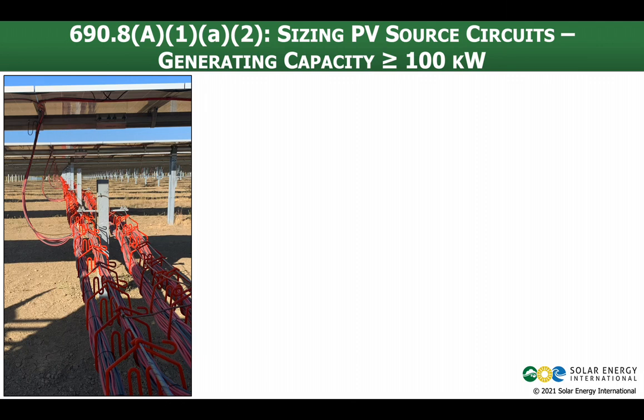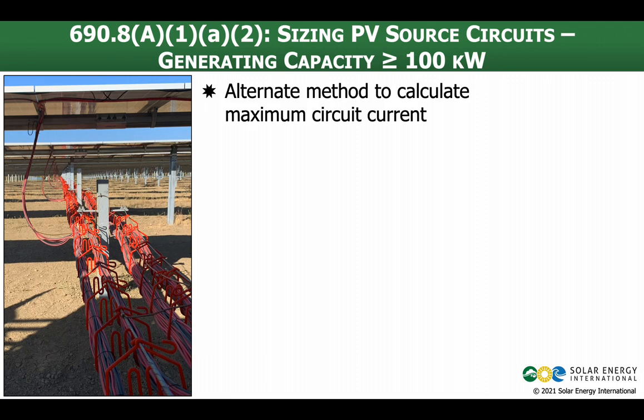If you're greater than or equal to 100 kilowatts, then we have an allowance to use an alternate method to calculate maximum circuit current. We know that's the basis for the OCPD size and the wire size. So if we can fine tune our calculations on maximum circuit current, it may allow us to use smaller breakers, smaller wires, smaller conduit.